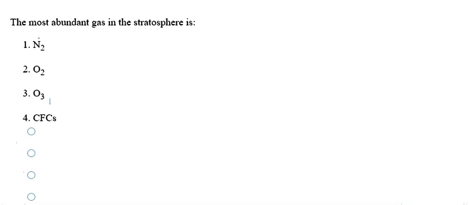Next question is: the most abundant gas in the stratosphere is. We know that the atmosphere is separated into layers, and in the stratosphere we get the ozone layer, and ozone is O3.